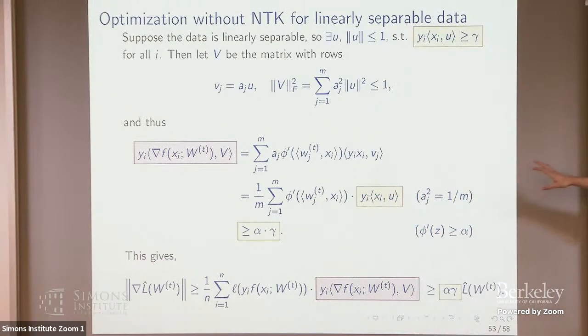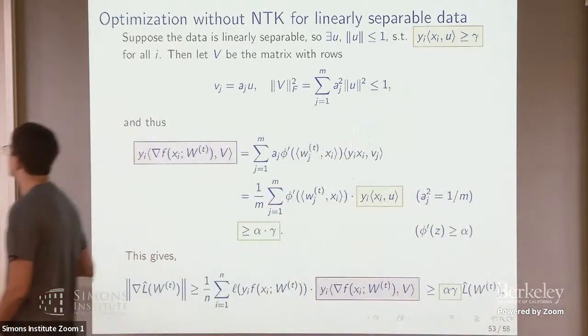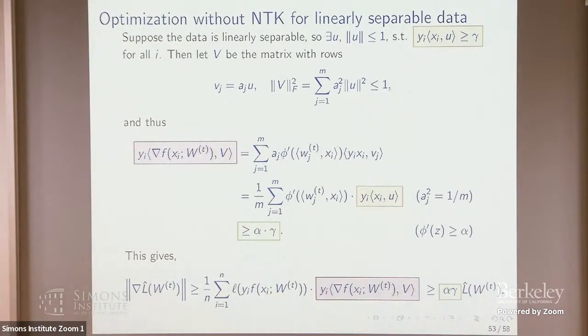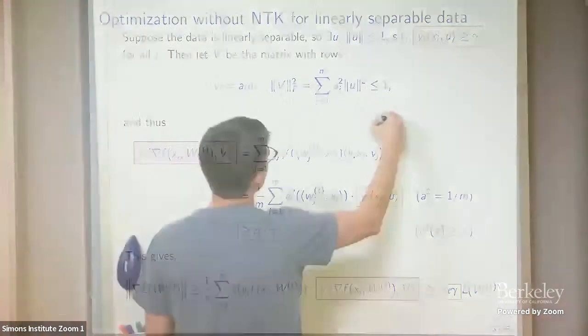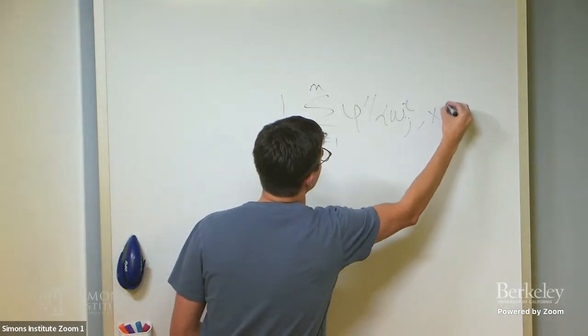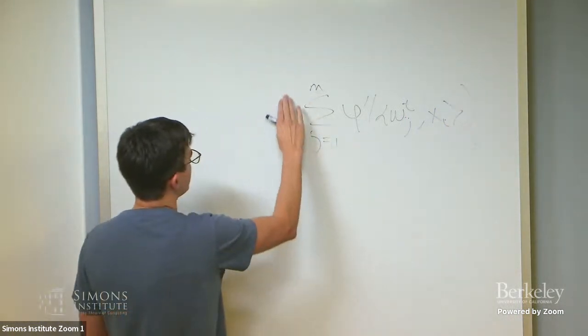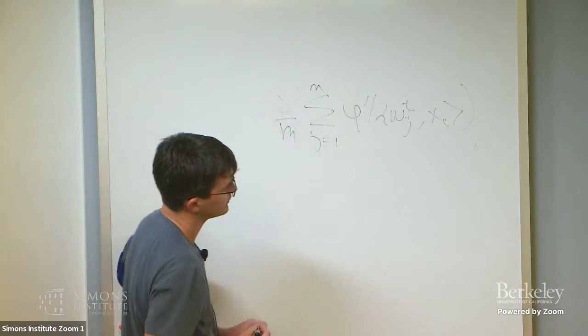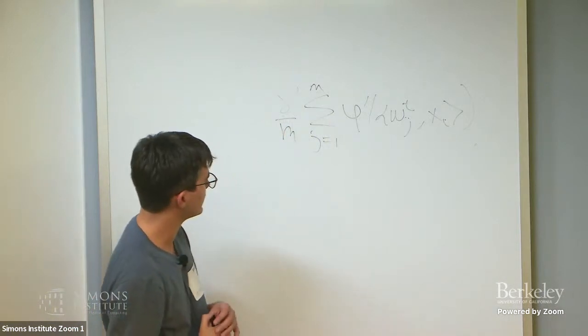You can think about making this a bit stronger, or doing this under weaker assumptions on the activation function. For instance, you can look at 1 over m sum from j equals 1 to m of phi prime of w_j^T x_i, and we have that gamma in front, because we use the linearly separable data.